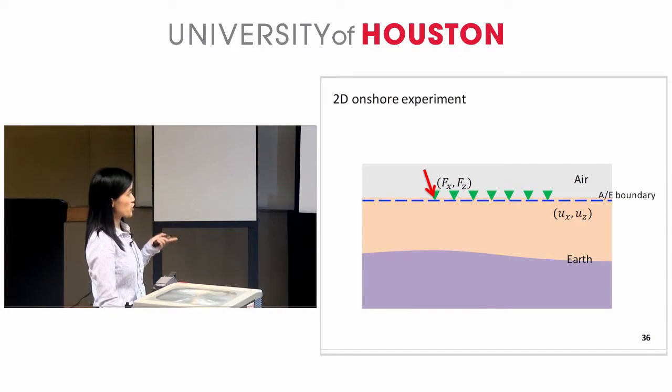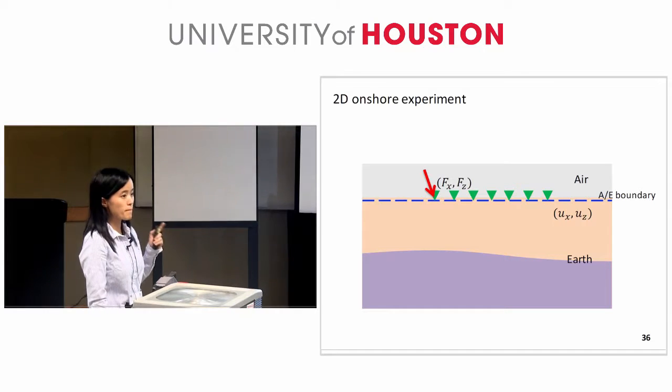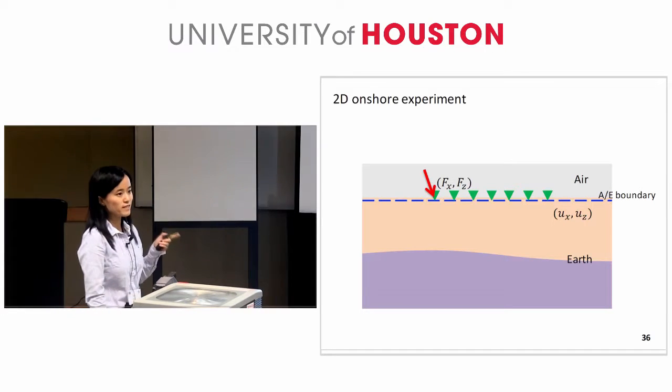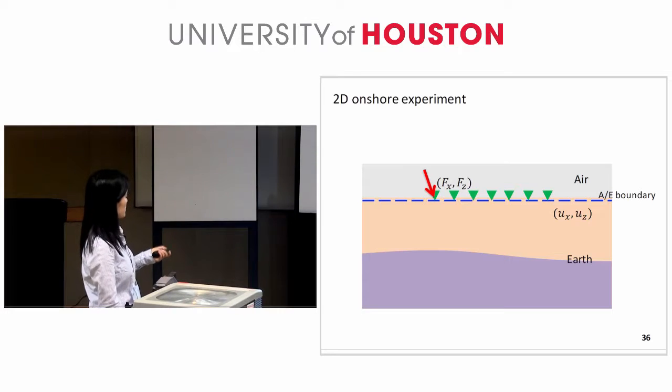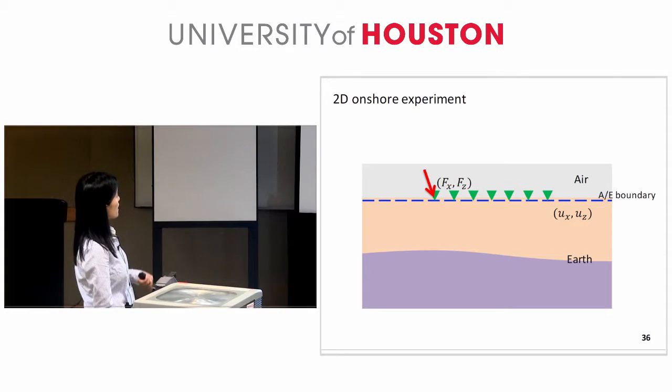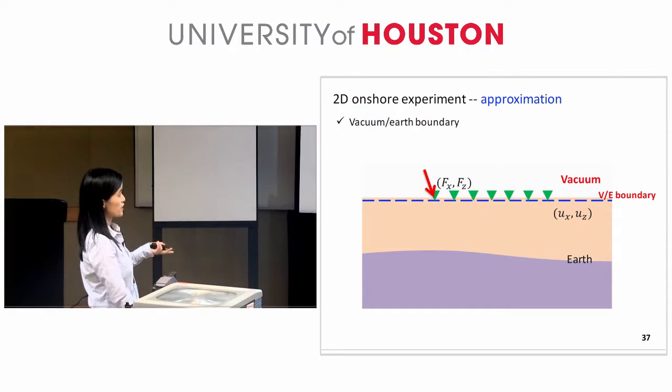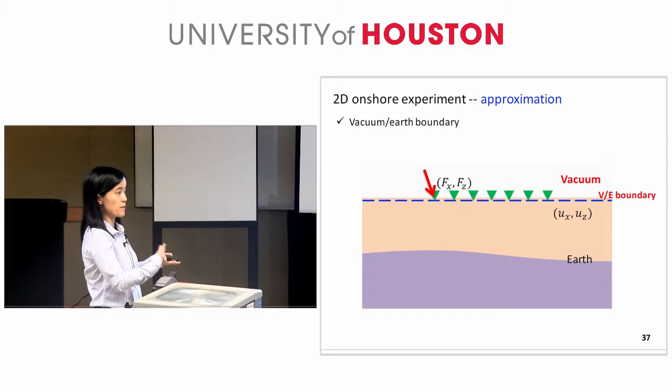So next, I'm going to show you some approximations we make, and later you will see with those approximations, the data requirement of the theory can be significantly reduced. The first thing is we use a vacuum half space to approximate that air half space.